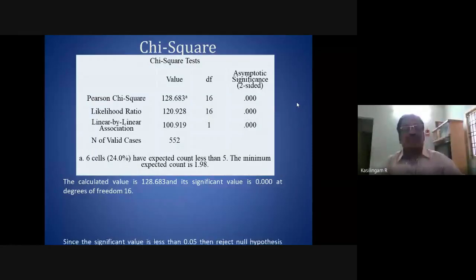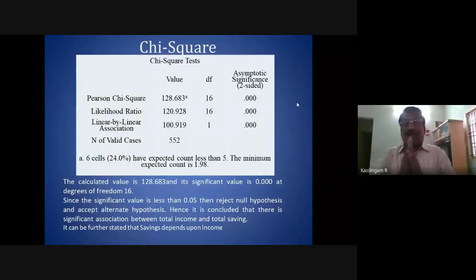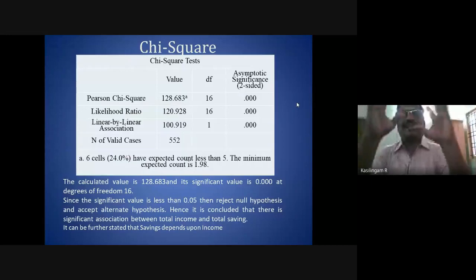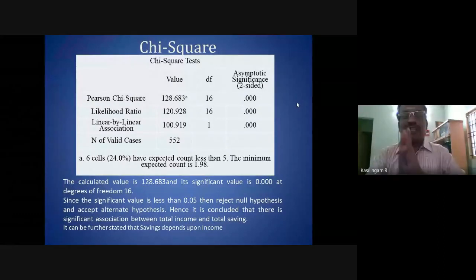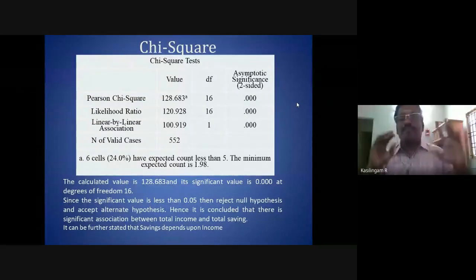Okay, so what do we have to do? Now we know what is associated, right? Some frequency is more than expected. Observed is more. From this table, it is clear that the significant value is less than 0.05, which means we have to reject the null hypothesis.